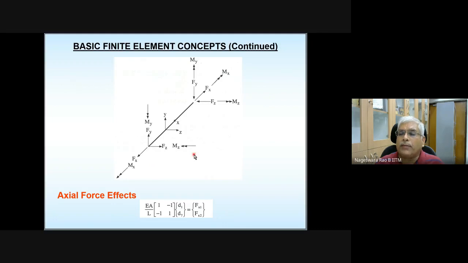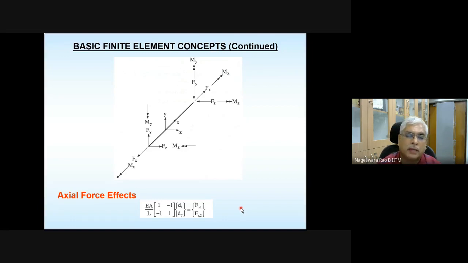So for axial effects, this is the element equations, and here once again, whatever element equations we are deriving or whatever analysis we are going to perform on these space frames, that is based on the assumption that axial effects, bending effects, and torsional effects are uncoupled.